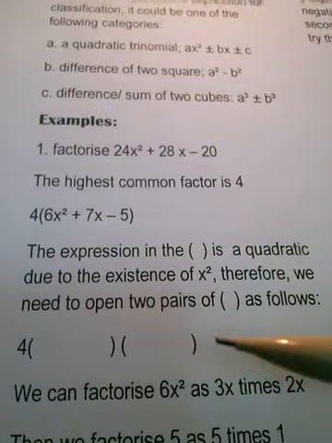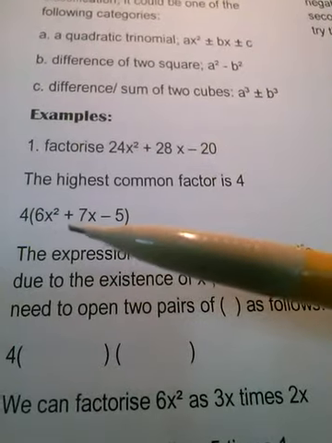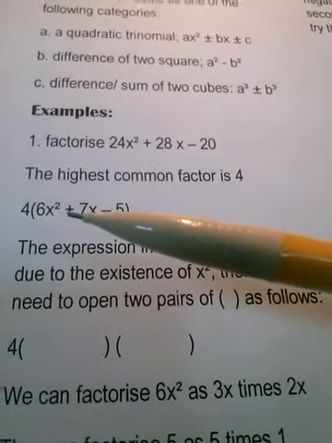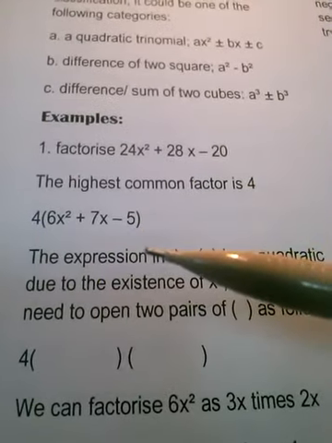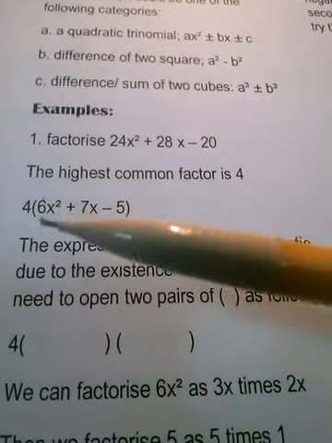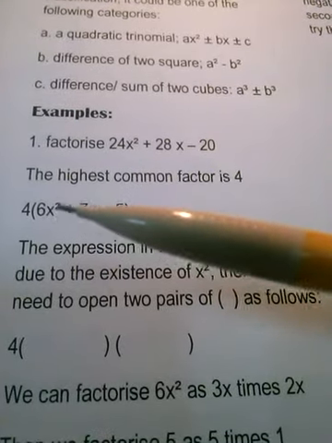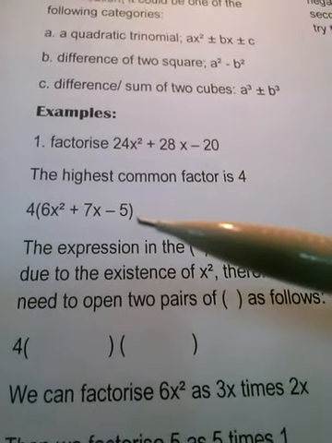Now, the idea is to factorize the quadratic expression above, which is 6x squared plus 7x minus 5. To do that, we need to focus first on the first term, which is 6x squared, and then the last term.